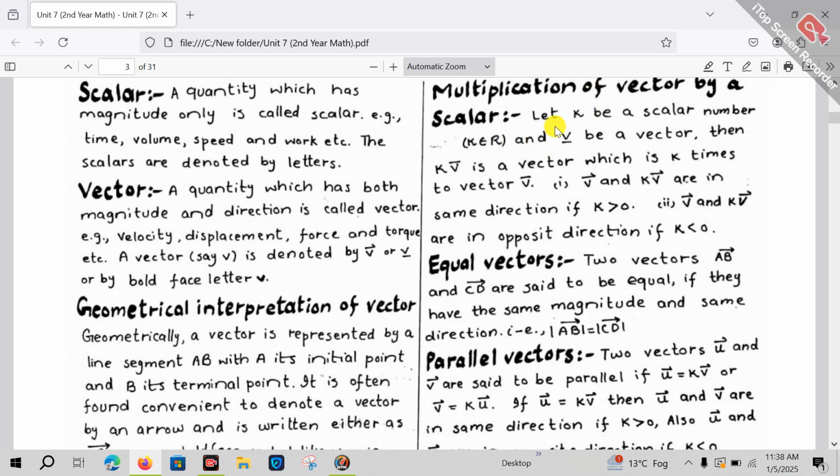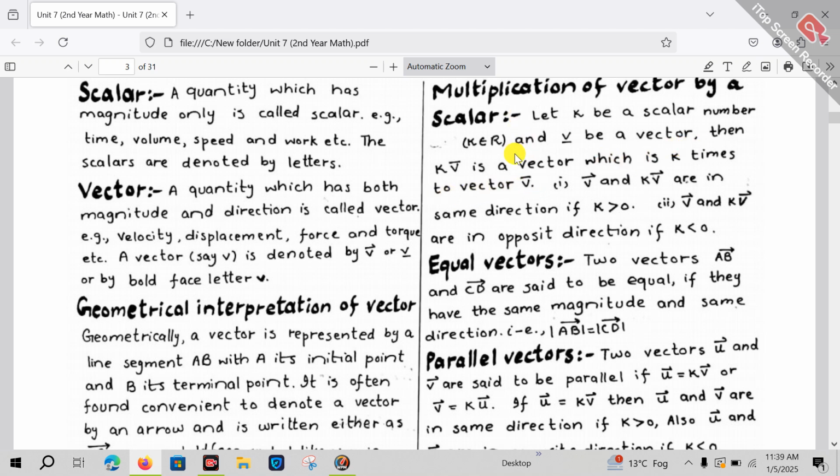So we have a number k and we have a vector v. Then kv means we have multiplied this k with this vector. Note that this is a number, I mean a scalar, and this is a vector. So here this scalar is multiplied by a vector, and its answer is again a vector, which is k times the vector v.